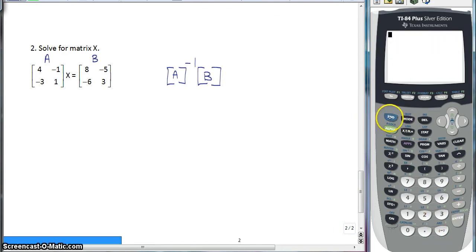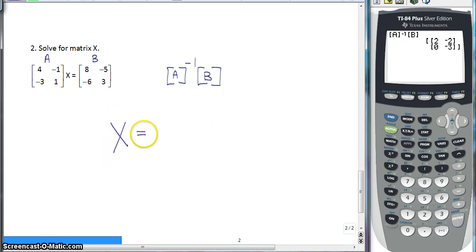And now you just need to do second matrix A raised to the -1, second matrix B, click enter, and it solved it for you. So matrix X is equal to 2, -2, 0, -3. And that's how we use inverse matrices to solve and find another matrix.